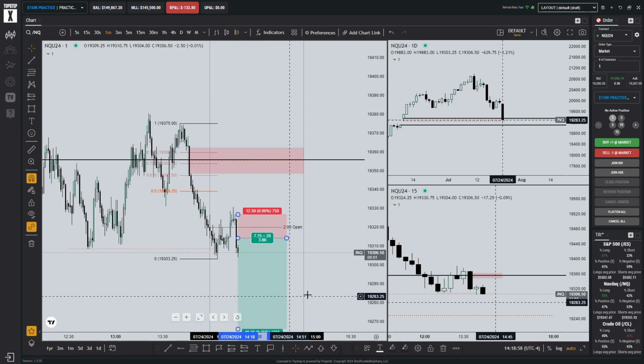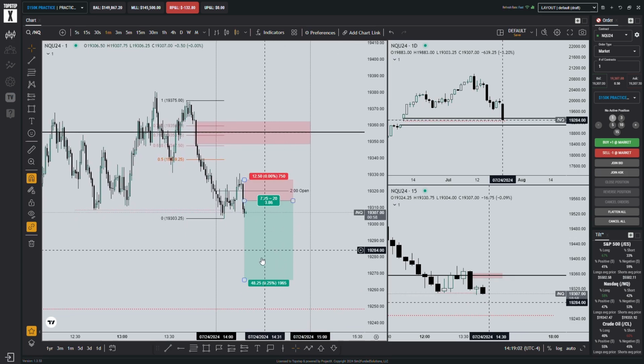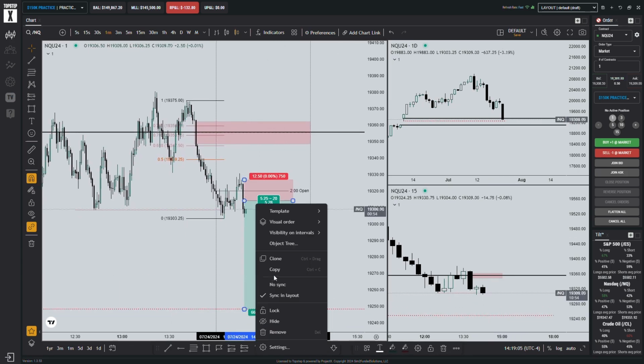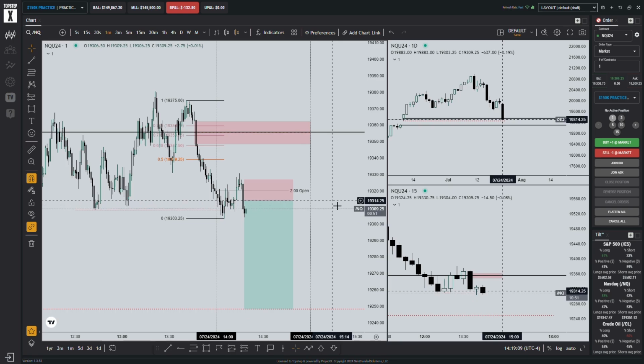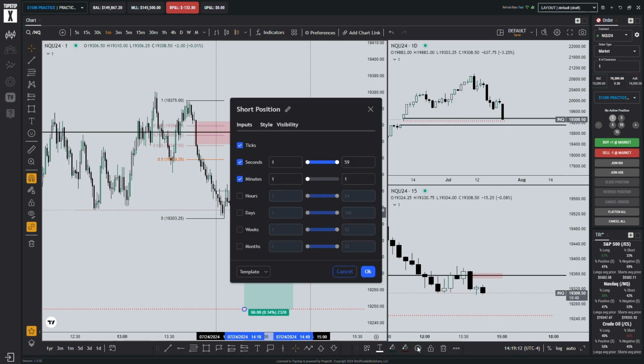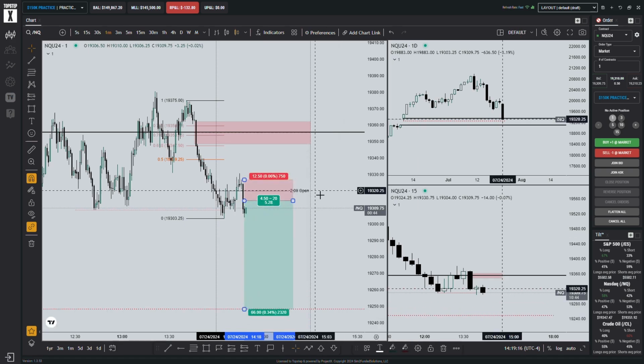I can kind of see this because I can put it within my risk parameters. What's that entry? 1425.